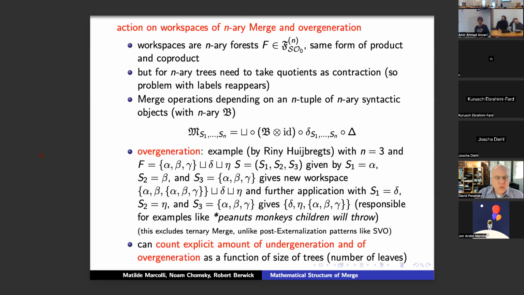Rodriguez wrote something some time ago, with empirical examples, showing that with a ternary merge you would get sentences that would not be grammatical with respect to a binary merge. This is not solved by saying I have a binary and a ternary merge and the other thing. So the combination of under-generating and over-generating rules out the n-ary ones.